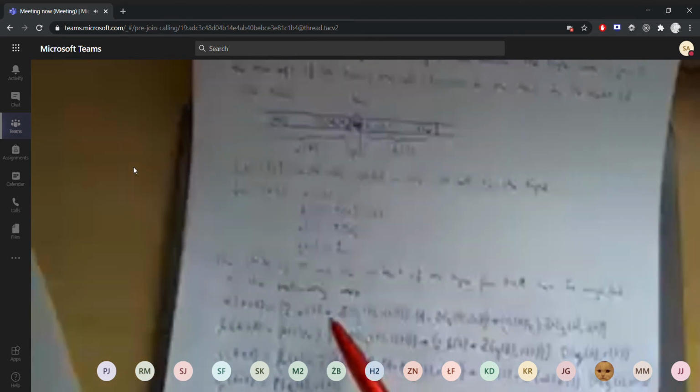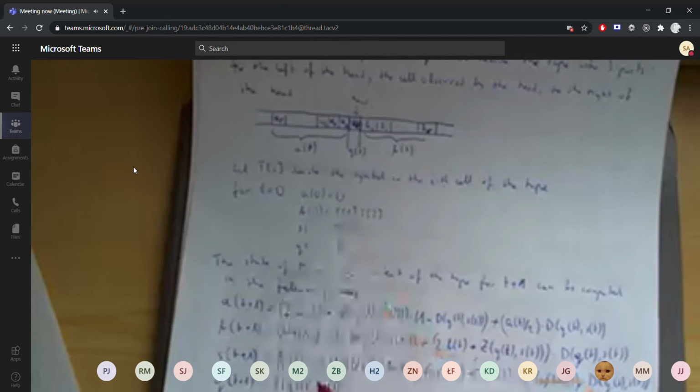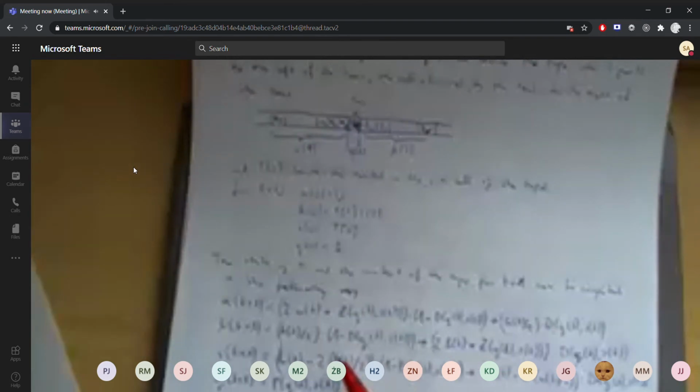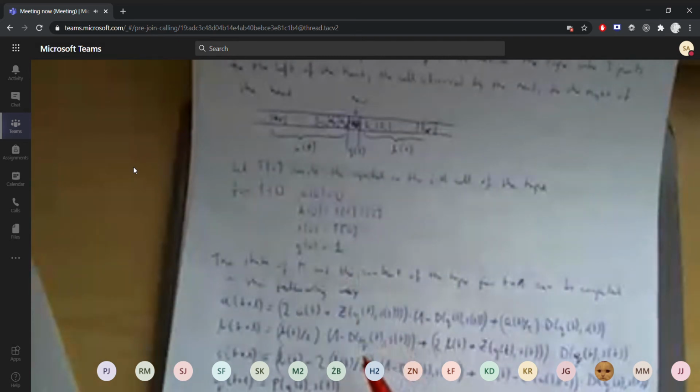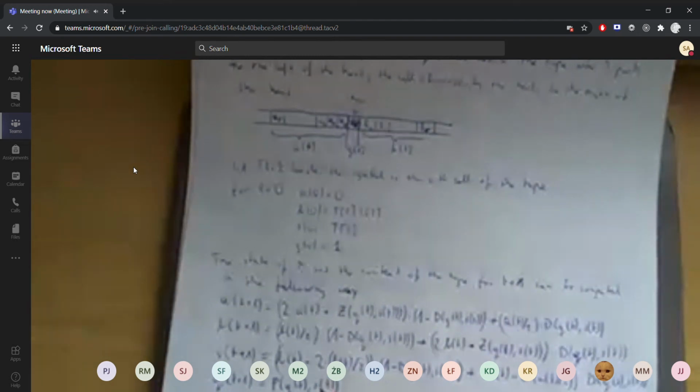Okay, so we know that we can define these functions using only some basic operations. For now, all these operations are the ones that we know are primitive recursive operations.